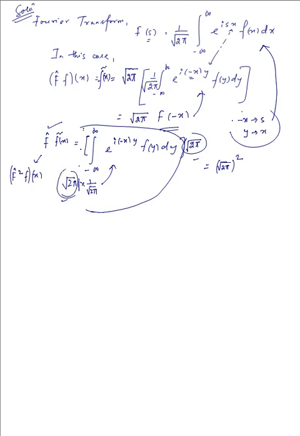So 2 times this is squared, and this is f of minus x once again. So 4 times would lead to root of 2 pi raised to the power 4, and we'll be getting the same function over here. That means root of 2 pi raised to the power 4 is nothing but 2 pi raised twice.